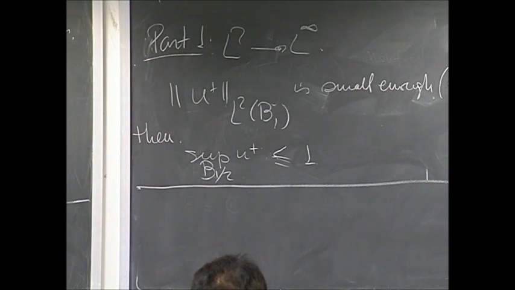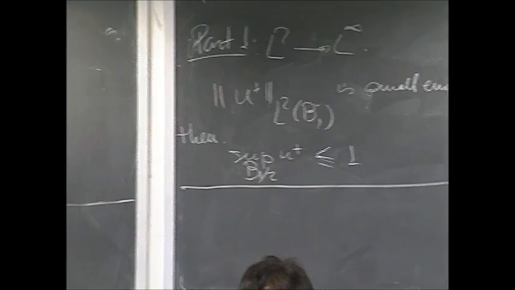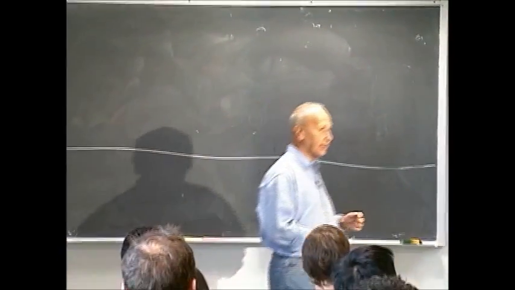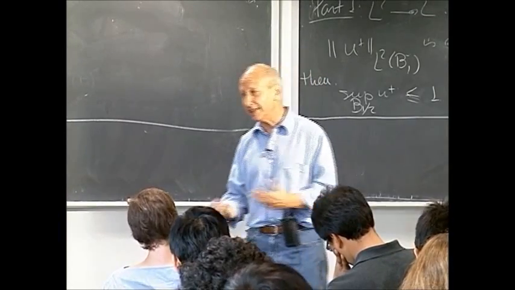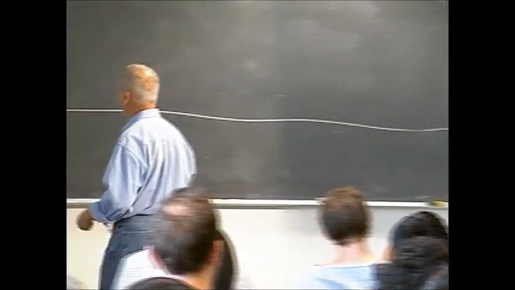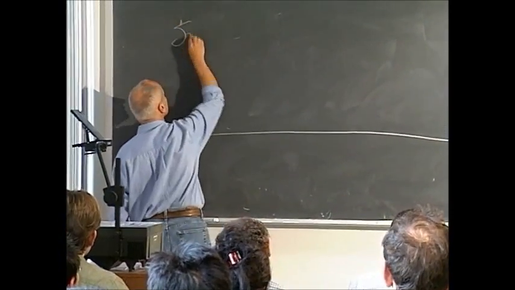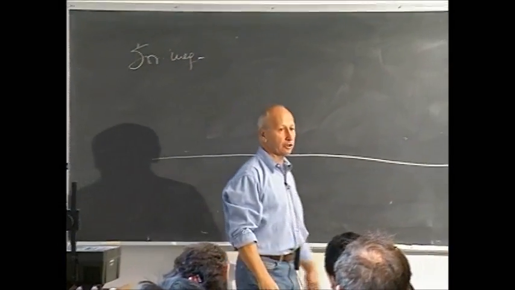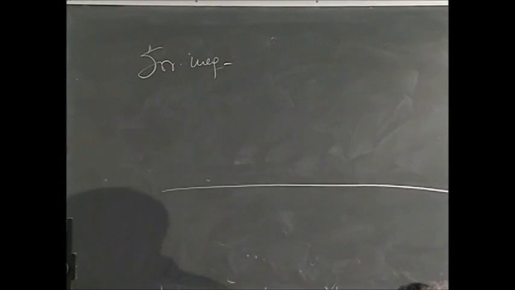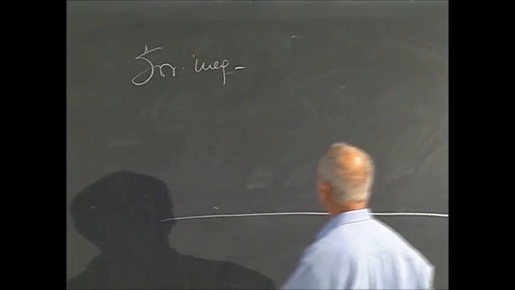Okay, so as I said, the whole proof is based on the interplay between two conflicting inequalities in some sense. The first one is a Sobolev inequality that says that you can control the Lp norm of u by the L2 norm of the gradient.